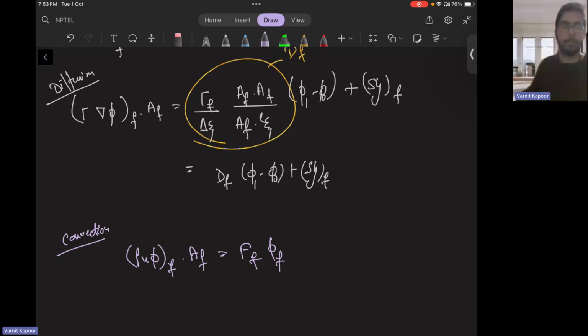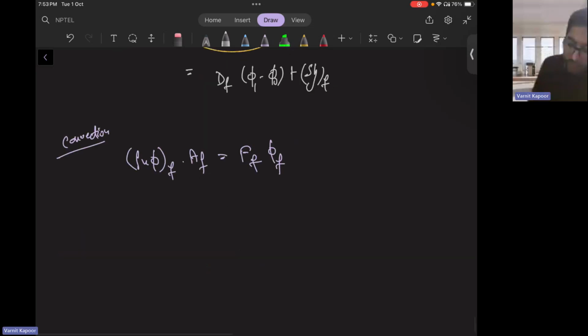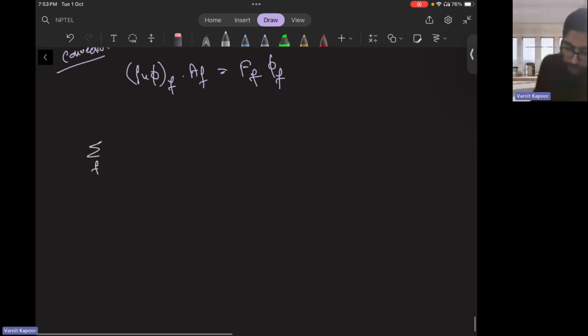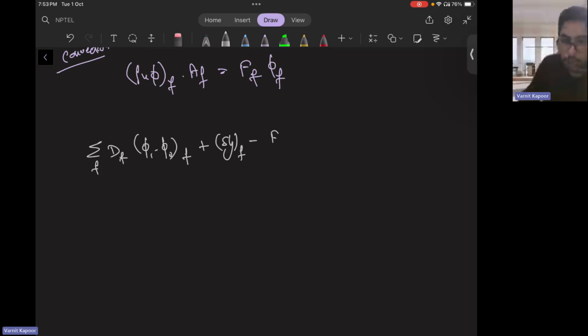Like this you can write for now. So our discretized equation, again, put all the values back in the equation. So the equation will look like summation at all the faces D_f (phi_1 minus phi_0) plus secondary gradient at faces, minus F_f phi_f, plus S_P phi_P plus S_C delta V_0 is equal to 0.